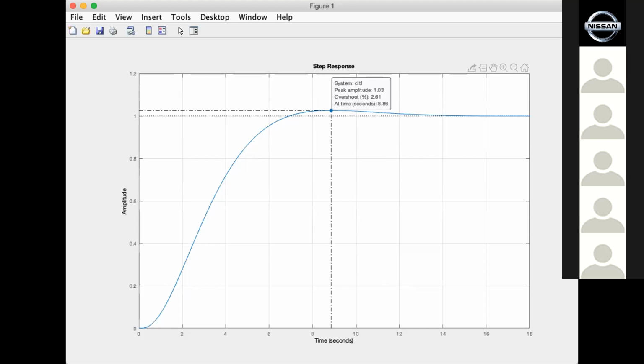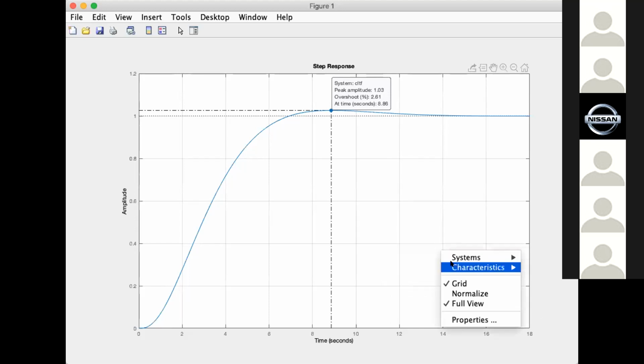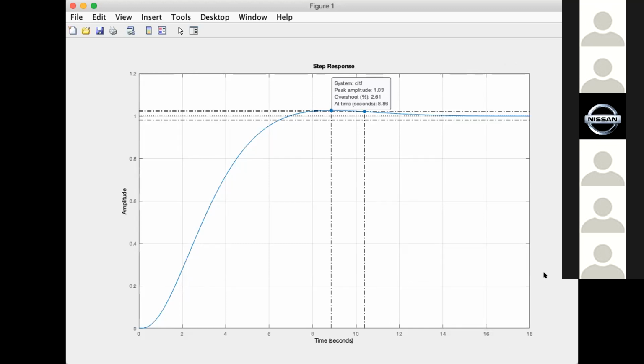What is the peak time? 8.86 seconds. What is the settling time? Settling time 10.4 seconds.